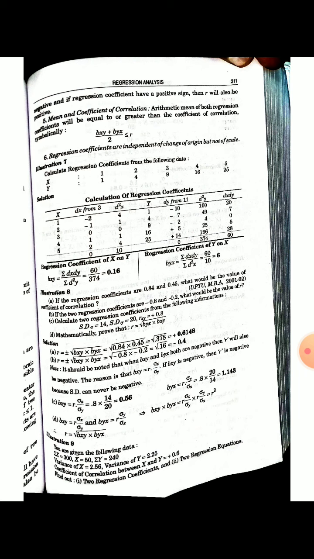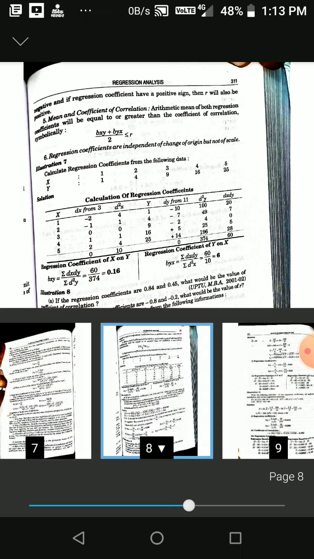If bxy is negative, then r is negative, because standard deviation can never be negative. That is why r being minus 0.4 is because bxy is negative.